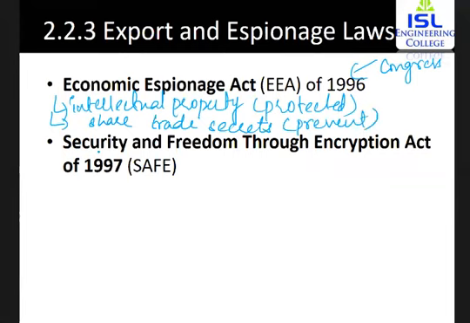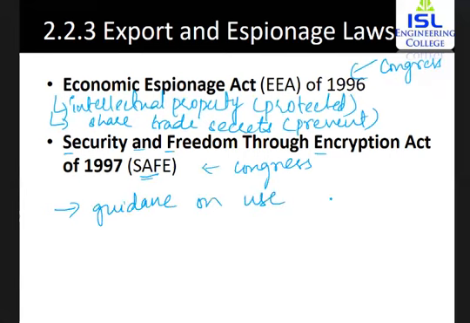The next is the Security and Freedom Through Encryption Act, called SAFE. This act was again passed by the Congress, and it provides guidance on how you are going to use encryption.